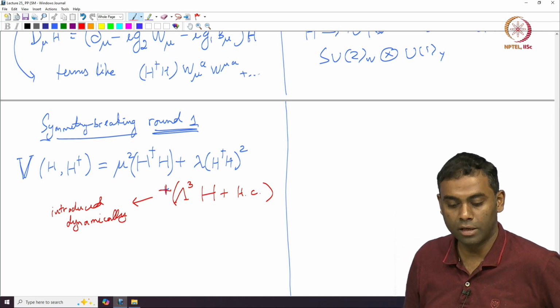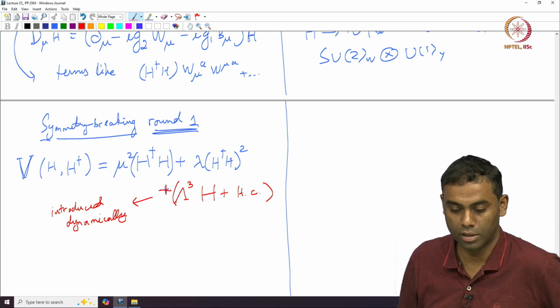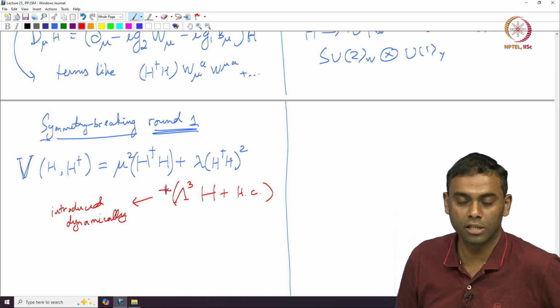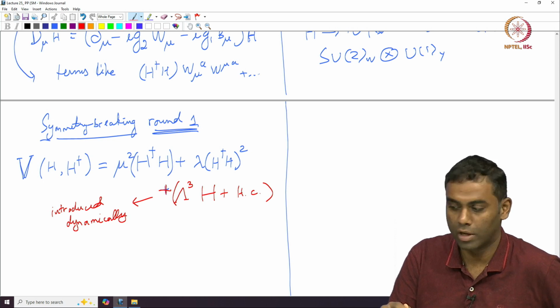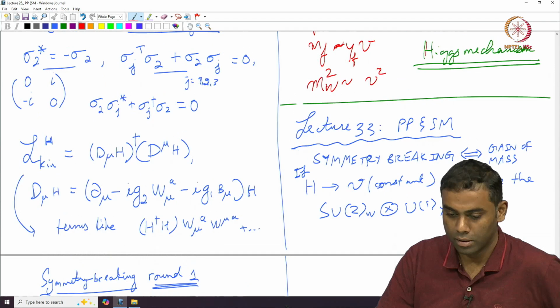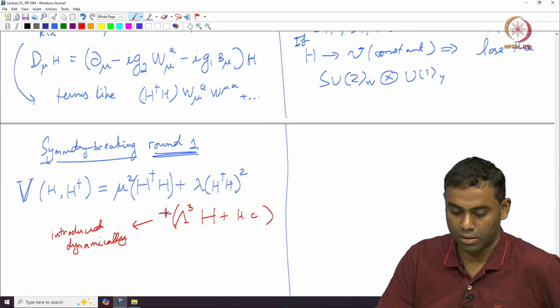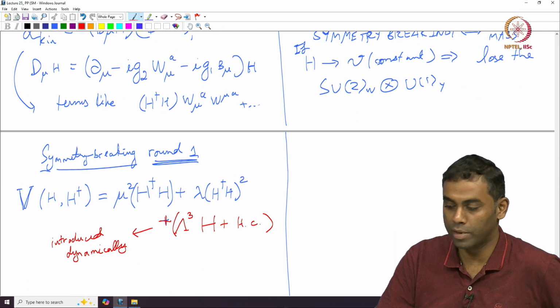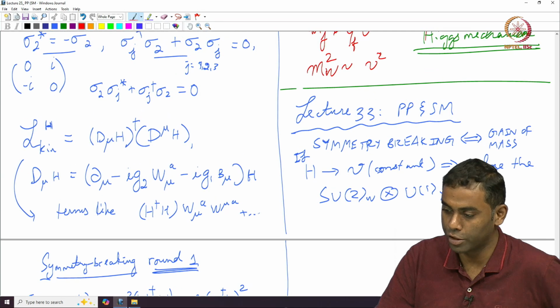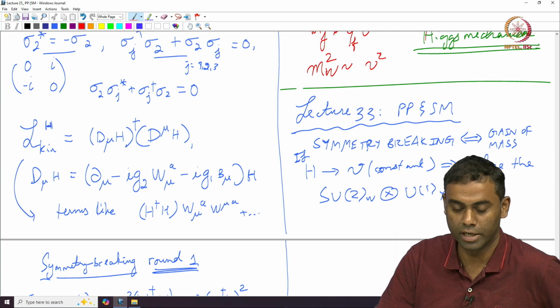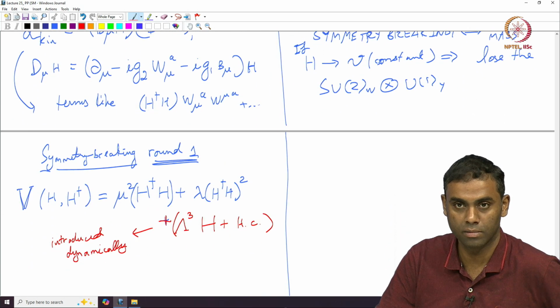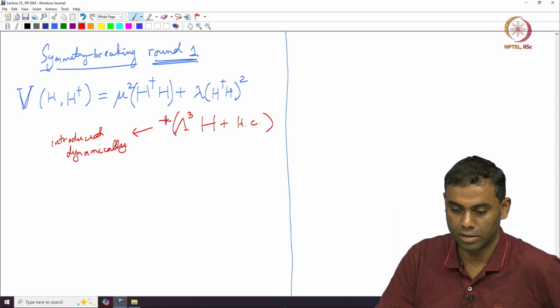Something happened dynamically in the universe and then this term got introduced into the Lagrangian, then just like that you broke the symmetry, and once you break the symmetry, let us see what happens. Once you break the symmetry, at this point it should be somewhat intuitive that the gauge bosons and the fermions acquire a mass.